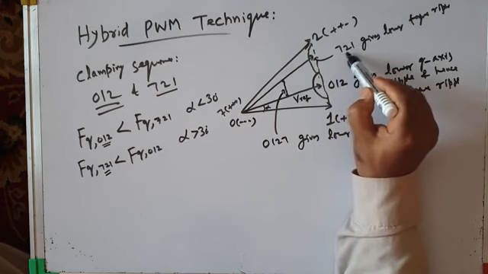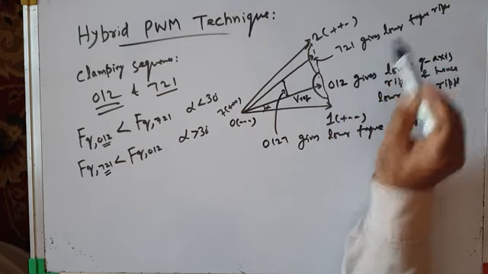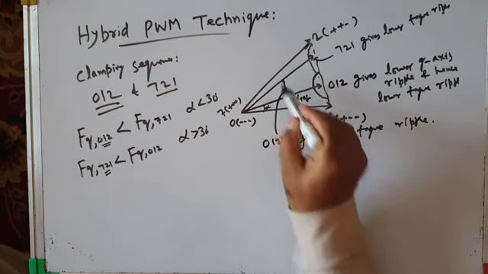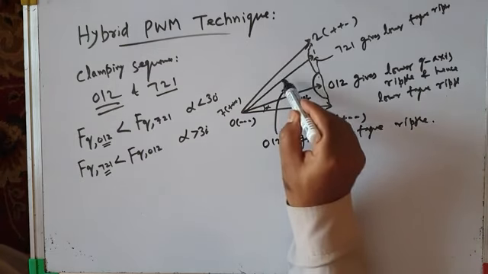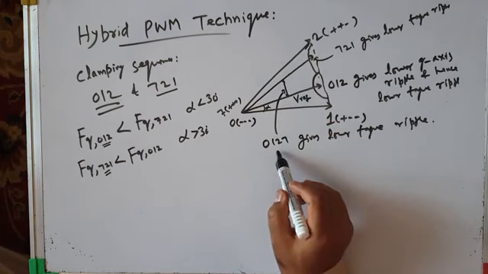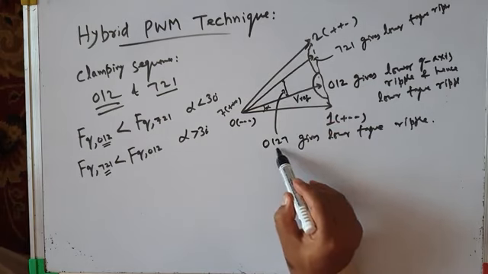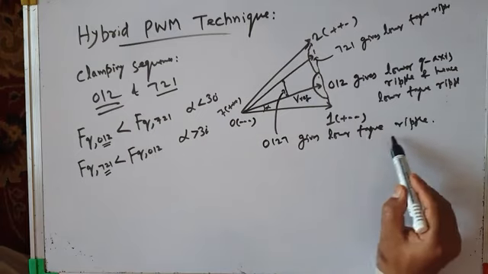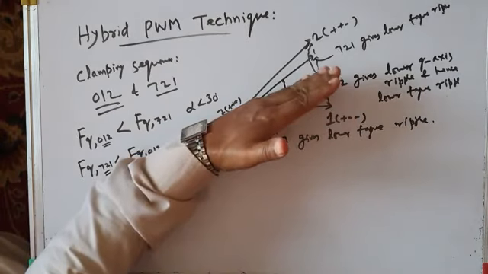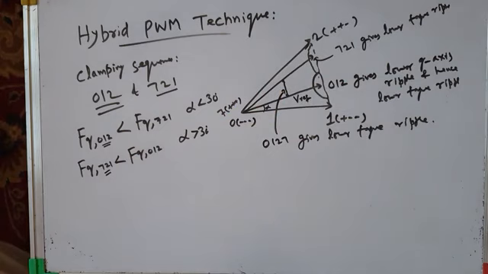That's what I have written here: 721 gives lower stator flux ripple and hence lower torque ripple. And in between the two, in this range of alpha, the conventional space vector based switching sequence 0127 gives lower torque ripple or lower stator flux ripple, which means lower torque ripple. So this gives us an idea that when we synthesize a reference vector, we should not use only one switching sequence.